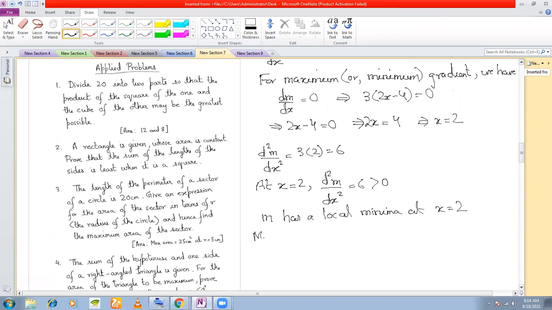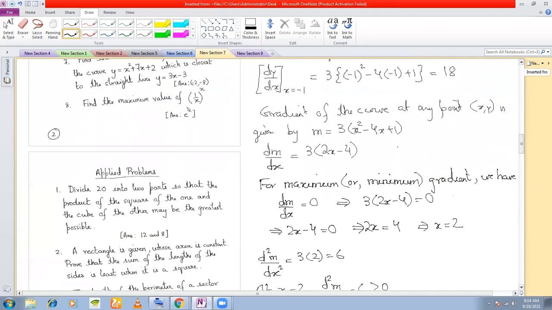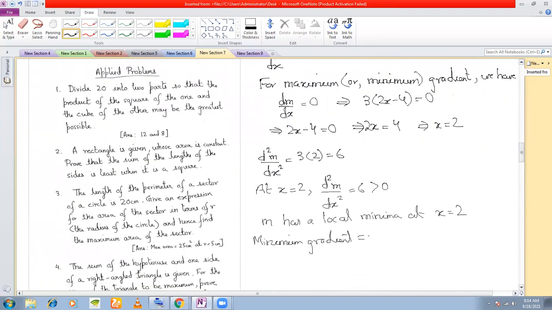And what is the minimum gradient? Now, what is the expression for m? Expression for m is this. Put the value of x here.